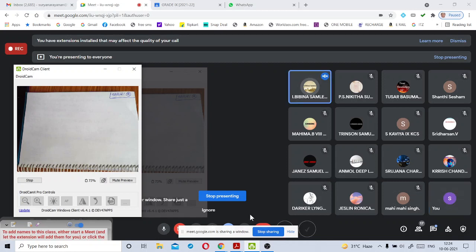Pi, for example. Pi is also an irrational number. It is not under square root. So the exact definition of irrational numbers is: the numbers which cannot be expressed, the numbers which cannot be written in the form of P by Q, where P and Q are integers and Q is not equal to 0.